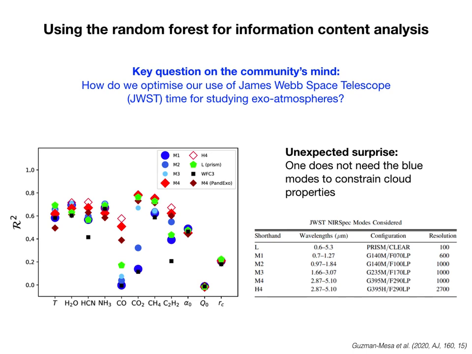And in fact, the mode that we recommended in this study is the mode between 3 to 5 microns, because this is a good compromise between detecting all of the major molecules of interest and also inferring the values of the cloud properties. So this ends the part on using machine learning to do at least retrieval of space-based data.